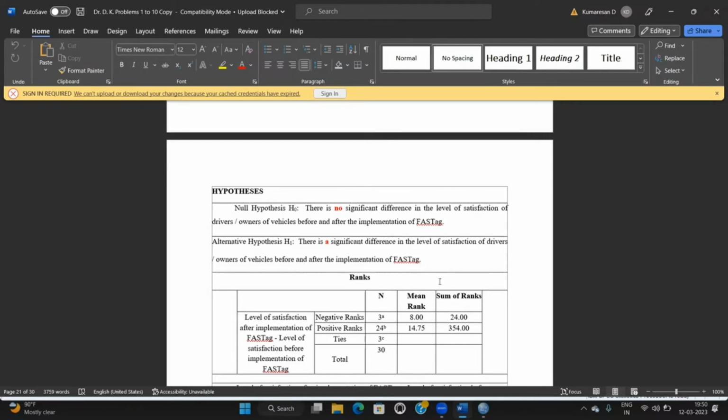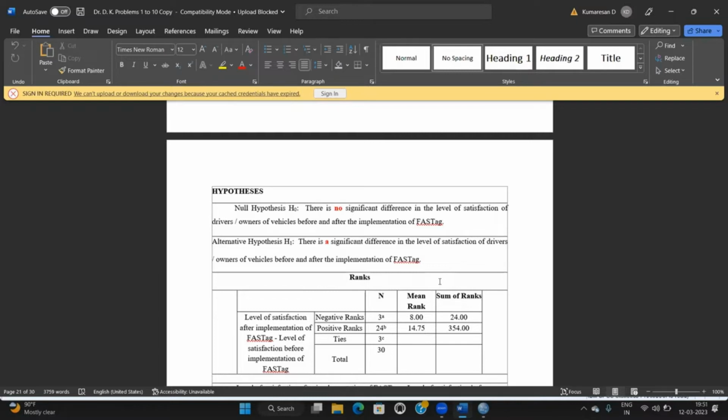So 3 tests of the non-parametric category are compared and contrasted with the 3 similar categories of parametric tests. Independent sample t-test, Mann-Whitney U test. One-way ANOVA, Kruskal-Wallis test. Paired sample t-test, Wilcoxon test. These things you have to keep in mind.